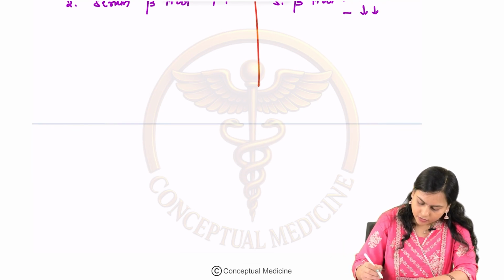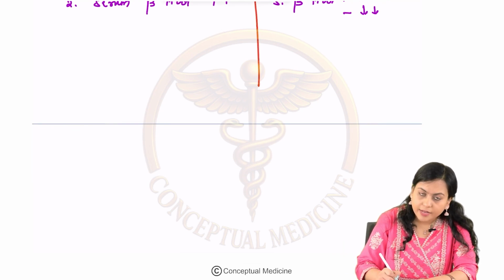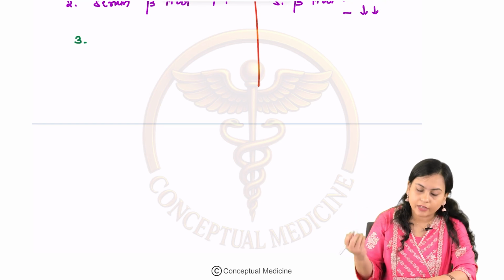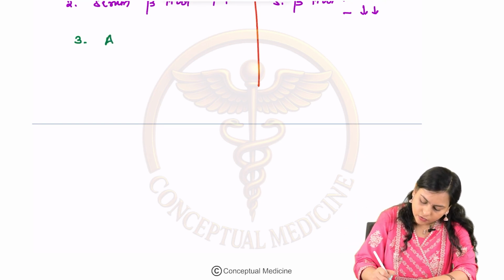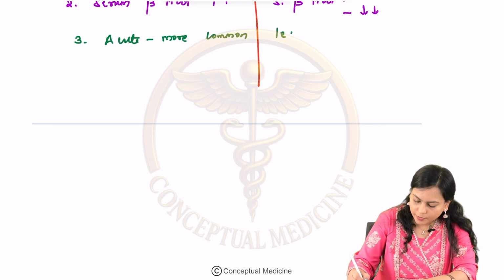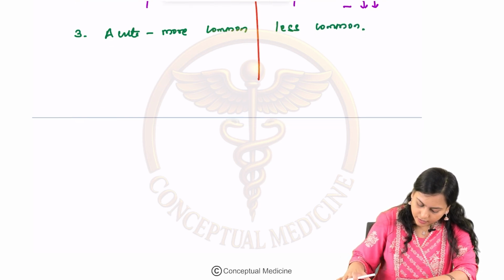Also remember, most of the time we see ectopic pregnancy in the acute stage, so acute is more common, whereas a chronic ectopic pregnancy case is less common. Clear?